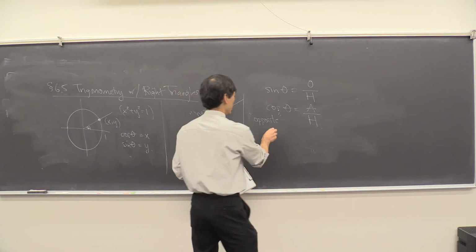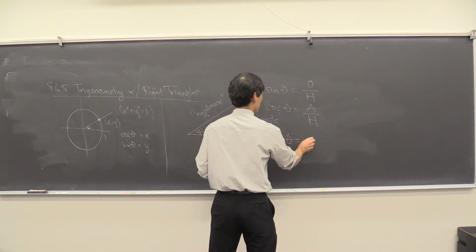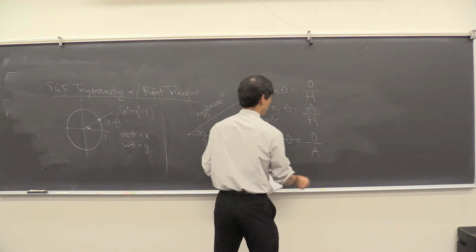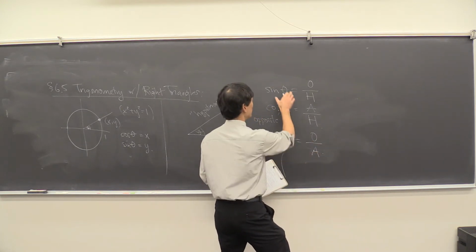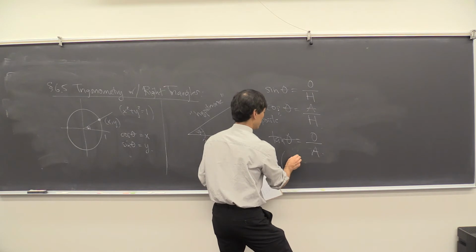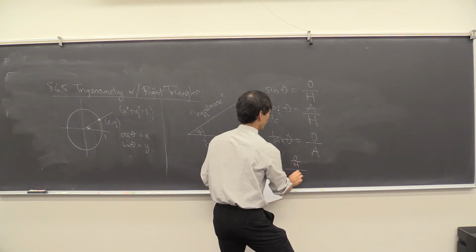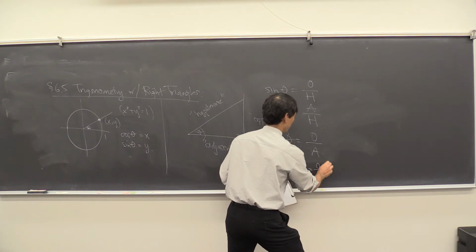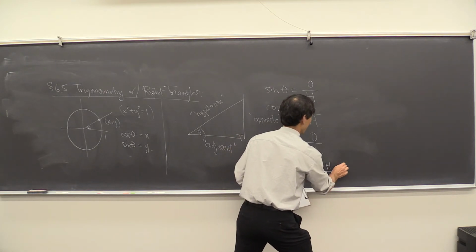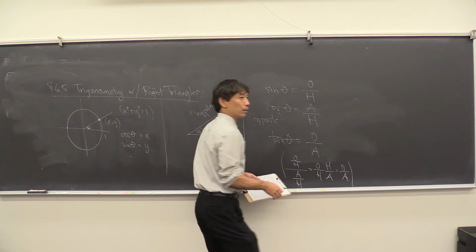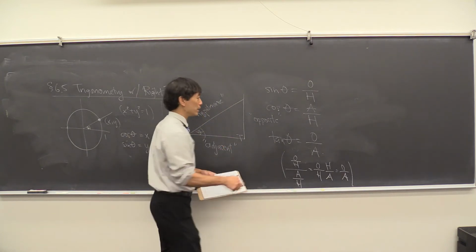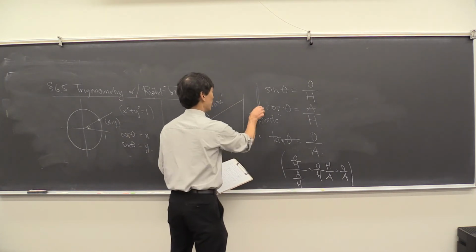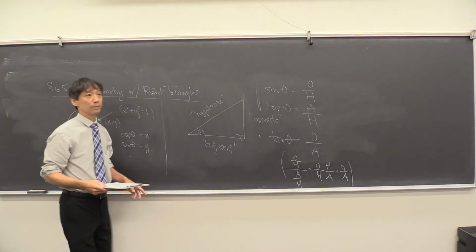And the tangent is going to be the opposite over the adjacent. We know tangent is, of course, sine over cosine, which works out to opposite over adjacent. So that makes sense. If you accept these two, then that third one makes sense.